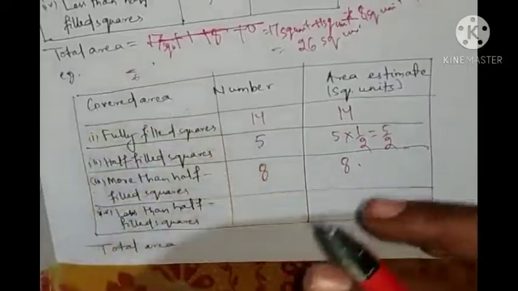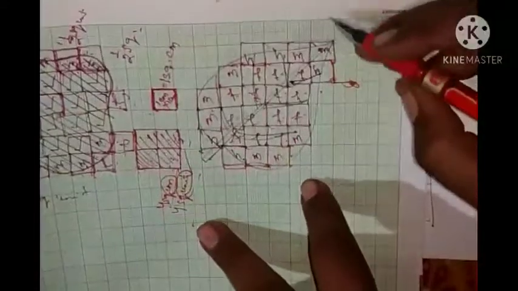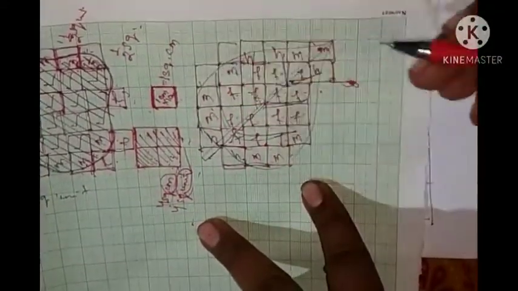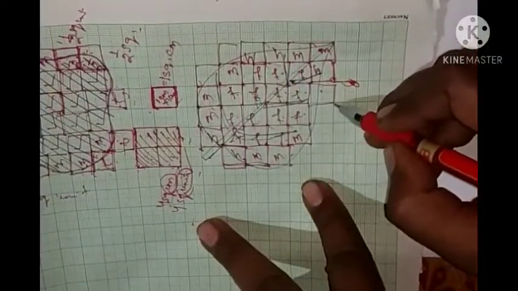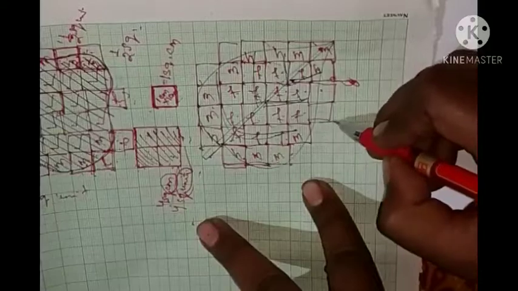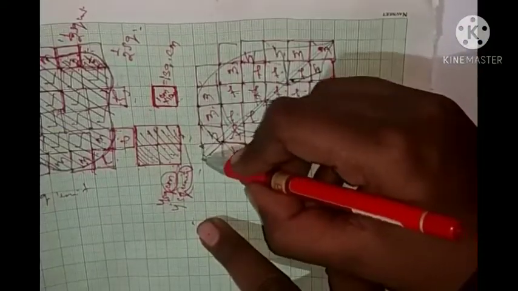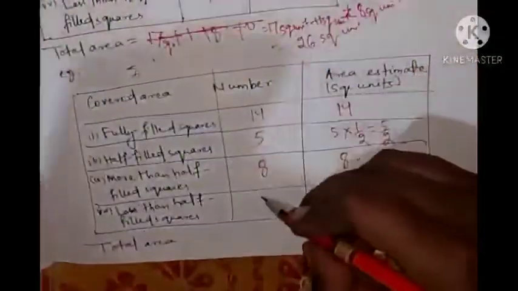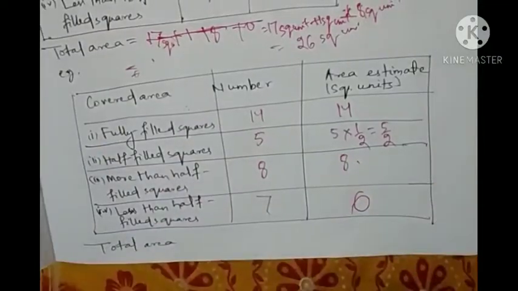Next we'll see less than half filled. 1, 2, then 3, then 4, then 5, then 6, then 7. So 7 less than half filled. We'll write 7. Less than half filled means ignore it, 0.